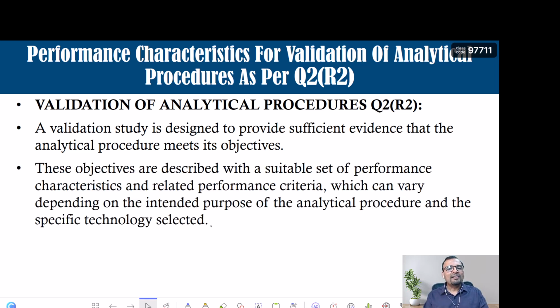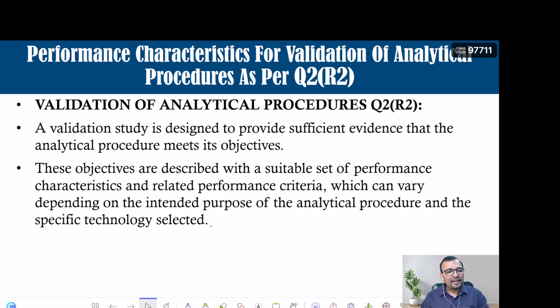Now, these objectives are described with a suitable set of performance characteristics and related performance criteria. This objective could be specificity, for example. So specificity becomes the performance characteristic. And how can one confirm whether the method is specific or not? By giving appropriate acceptance criteria to that specific performance characteristic, that is, when we can call the method specific, when we can say that there is no interference, something like that.